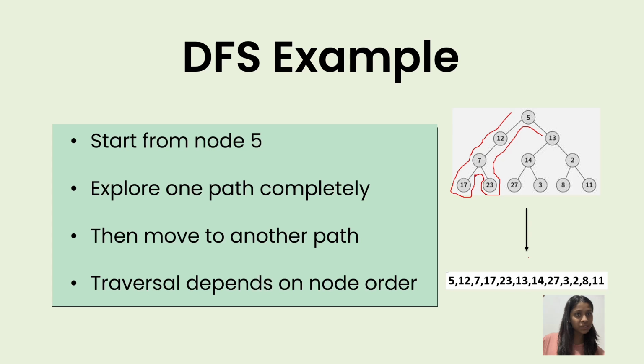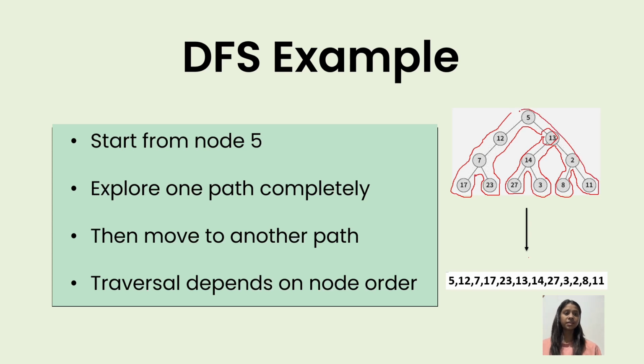In the next path, the node is 13, then 14, 27. Then you go to the other path, which is the node starting from 3. Now after you complete this path, we go to the other path, which is 2 and then 8. After completing that path, finally we go to the last path, which is node 11.